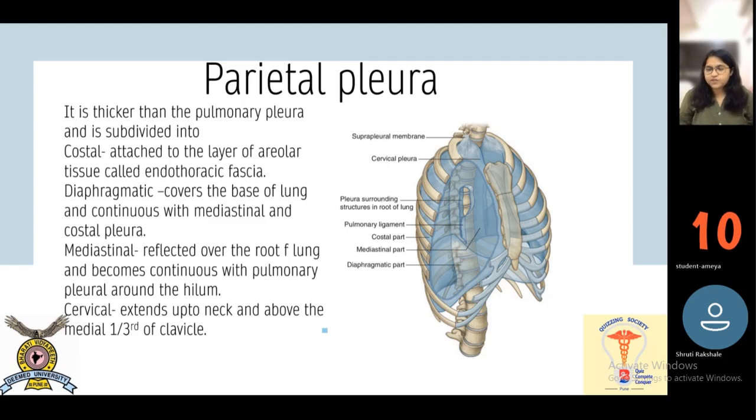Diaphragmatic lines the superior aspect of diaphragm, covers the base of lung and continues with the mediastinal and costal pleura. Mediastinal lines the surface of mediastinum, reflects over to the root of the lung and becomes continuous with the pulmonary pleura around the hilum. The cervical pleura extends up to the neck, above the medial one-third of the clavicle.